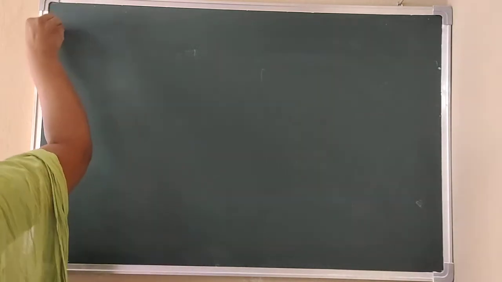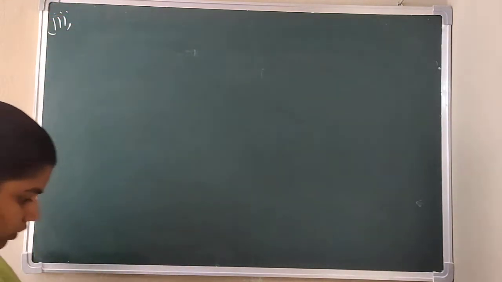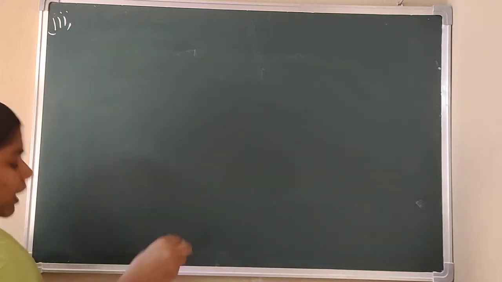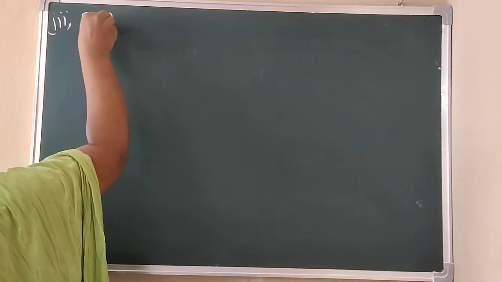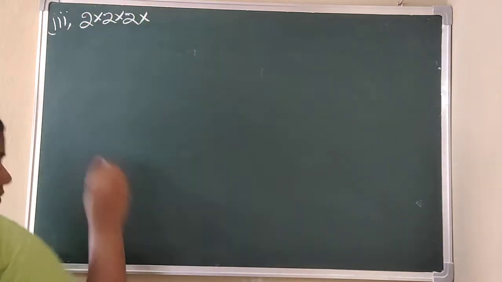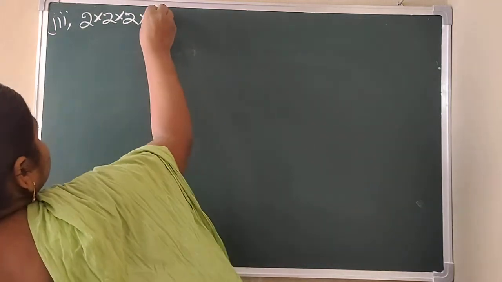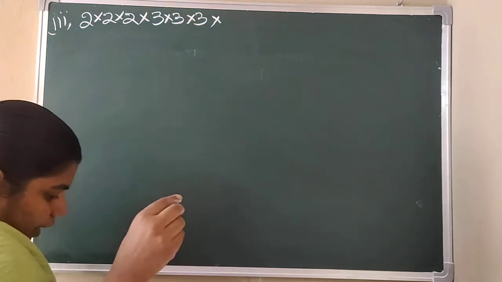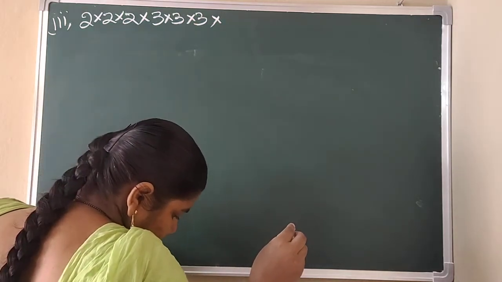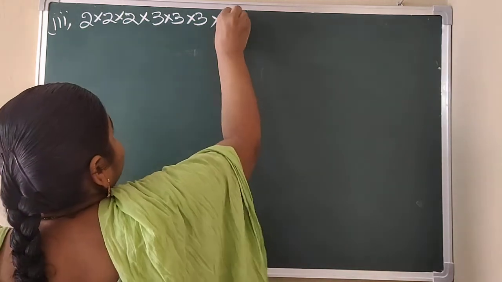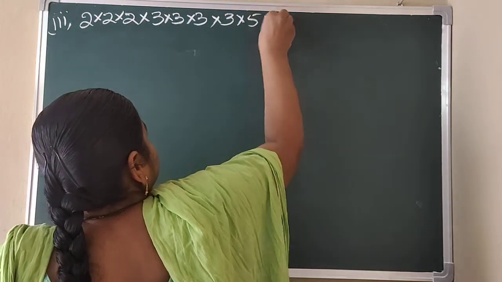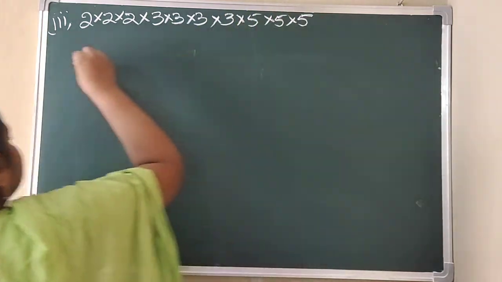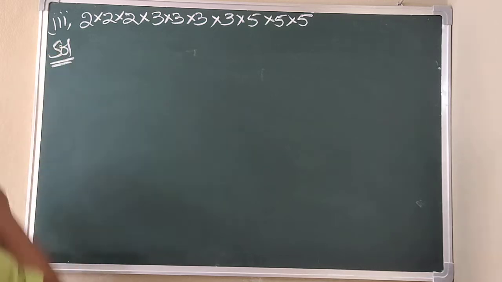So next one. Third question. Third is 2 they have multiplied 3 times, and 3 4 times, 5 3 times. Now this one we have to convert into exponential form.